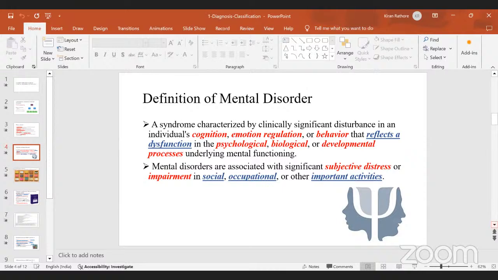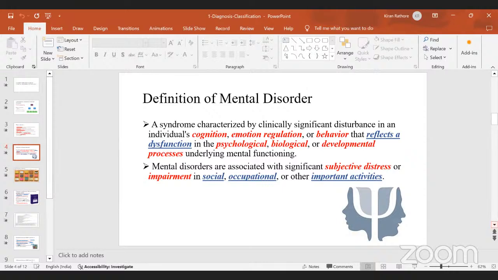A mental disorder is a syndrome characterized by clinically significant disturbance in an individual's cognition, that is thinking, emotion regulation, that is, the person faces problems while regulating his emotions, or behavior. If there is disturbance observed in these three areas, it reflects a dysfunction in his psychological, biological, or developmental process.